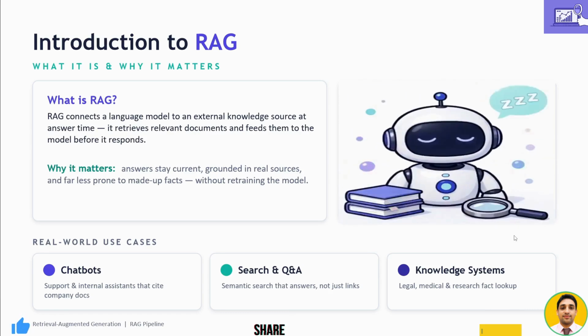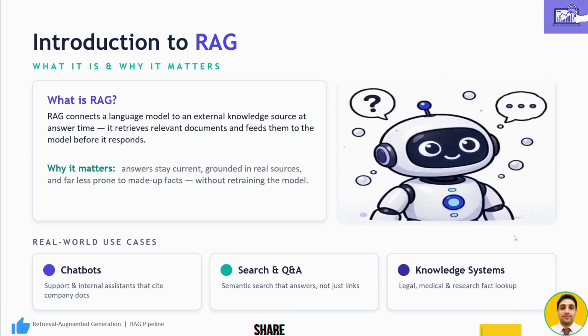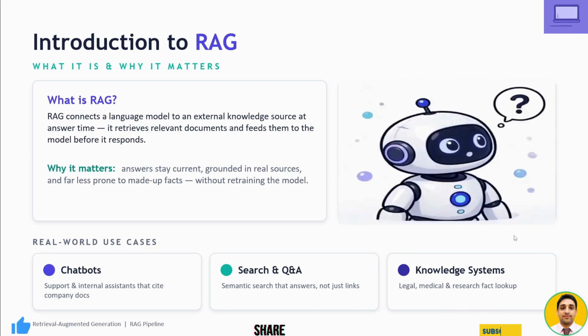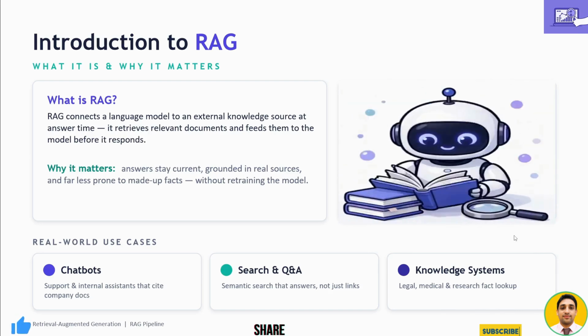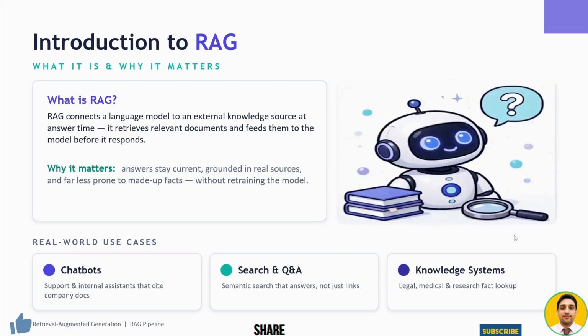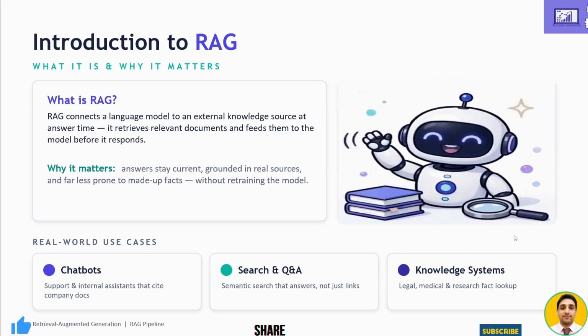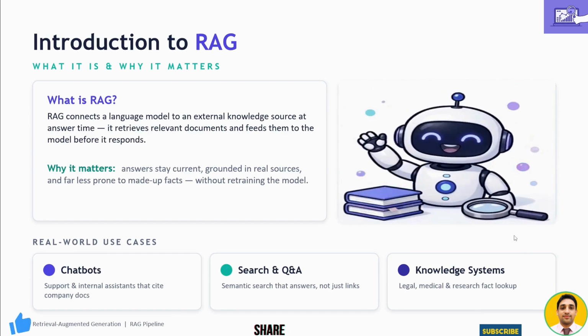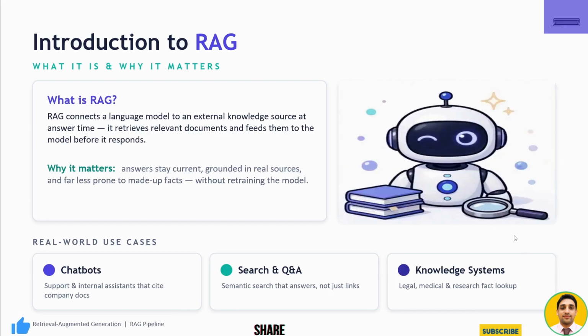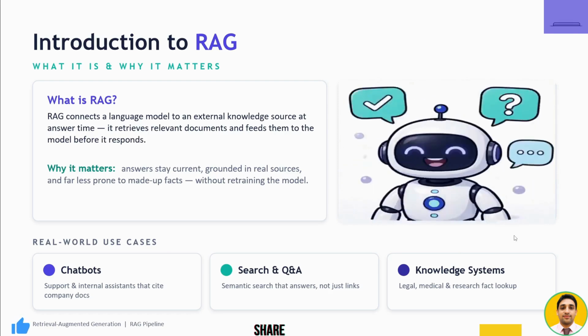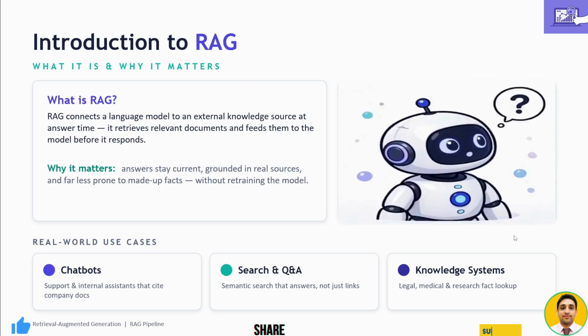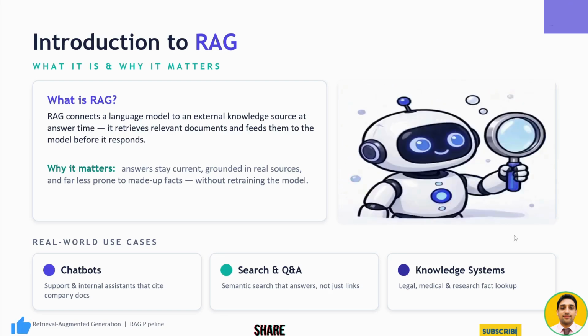In simple terms, RAG connects a language model to an external knowledge source at the exact moment it is generating an answer. Instead of the model relying purely on what it memorized during training, the system first retrieves relevant documents or pieces of information from an outside source and then feeds that retrieved content to the model before it produces its final response.